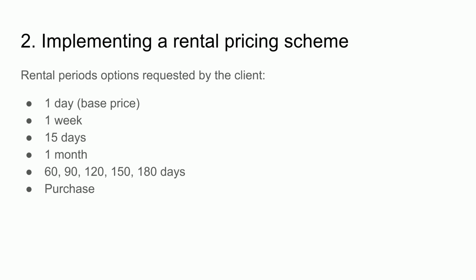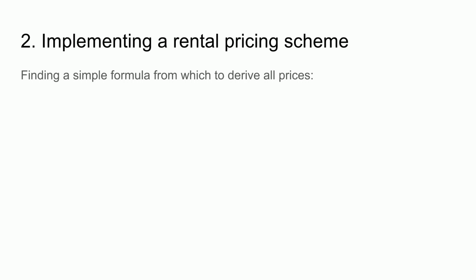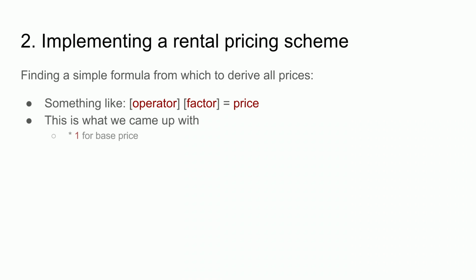Okay, so how did we implement that? Well, we needed to find a simple formula, something like apply an operator to a factor, which will give us a price, right? What we came up with was this. So taking the list of options, we said the base price is for 1 day rental, and that's 1.